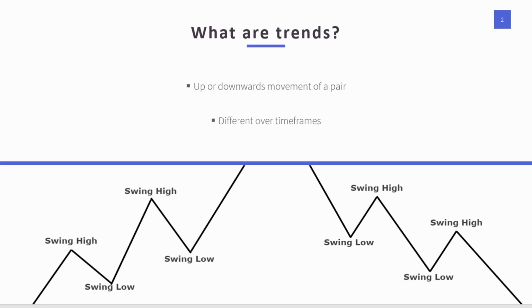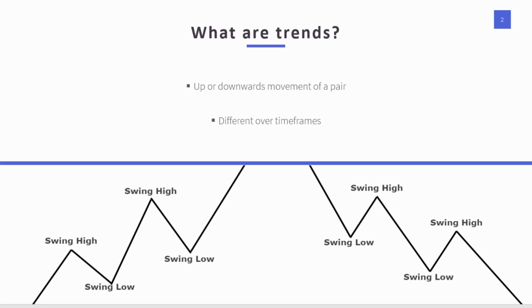So what I mean with that it's different over certain time frames is that you can look at the 15-minute chart and you can see that the price is definitely moving up, which is typed by a swing high, a swing low, a swing high, and a swing low, as you can see on the slide here as well.